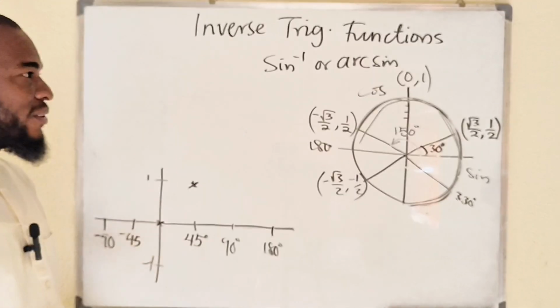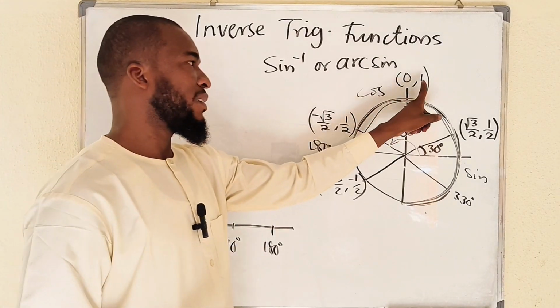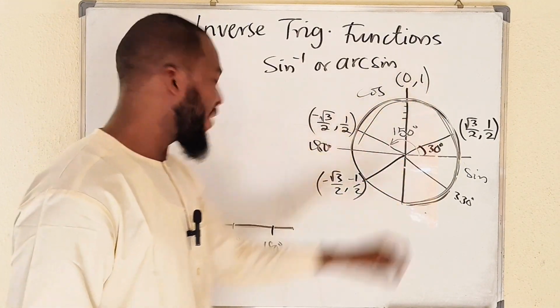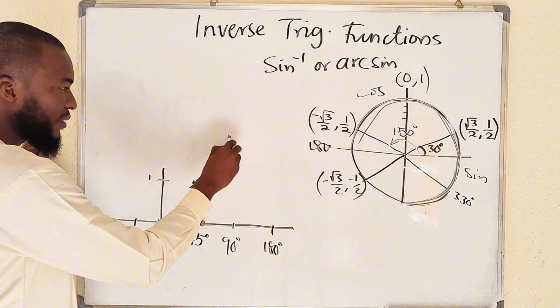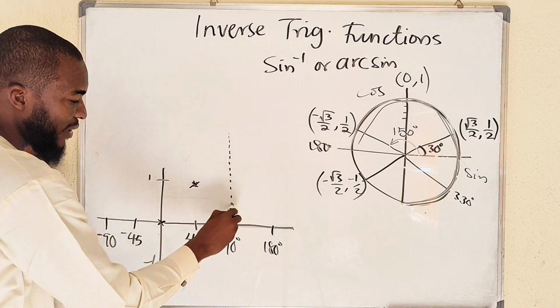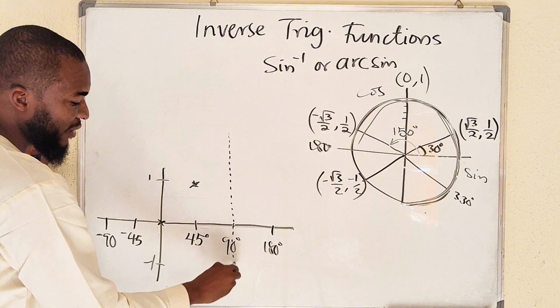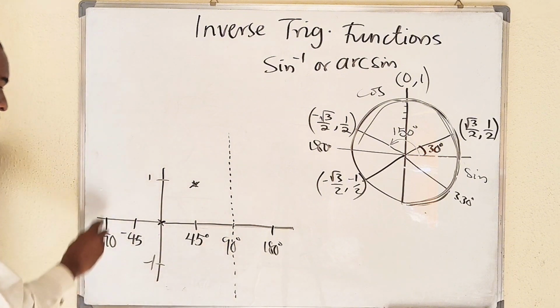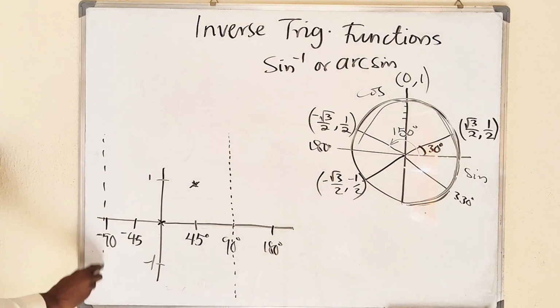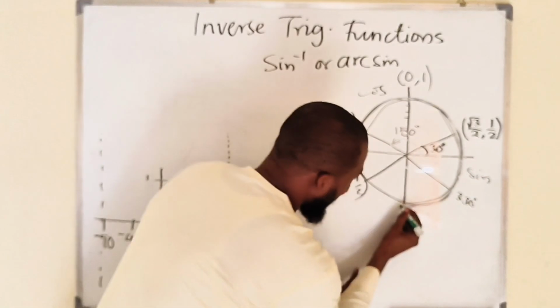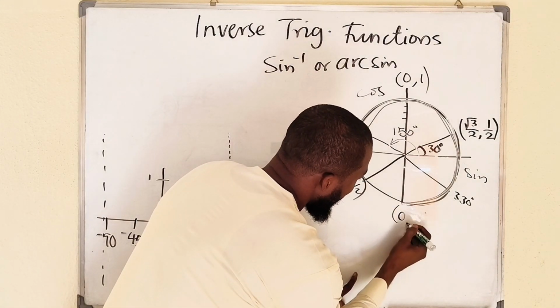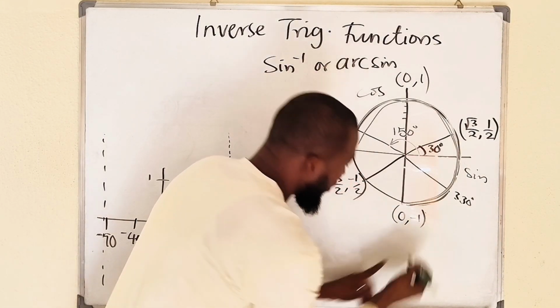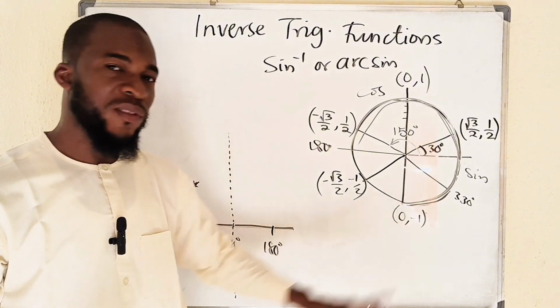What about 90 degrees? Sine divided by cosine. This is undefined. This is why we have a vertical asymptote here. We have another vertical asymptote here at negative 90. Remember, the coordinate here will be 0, negative 1. So it will be negative 1 divided by 0, which is undefined.